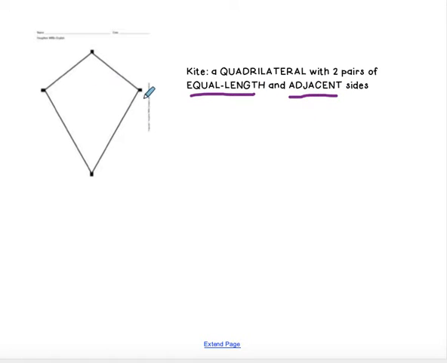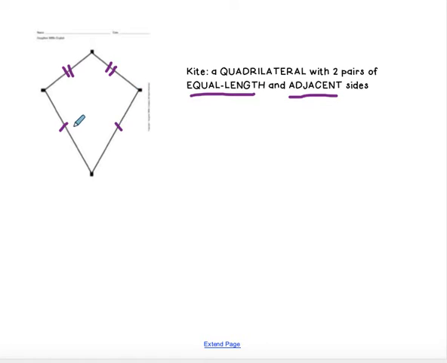So what that means is it has to have obviously four sides and two pairs within that. So like right here, those two sides are the same length and they are adjacent to each other. And then this would be the other pair, this one and this one. And we use these tick marks to help identify which two sides are the same.